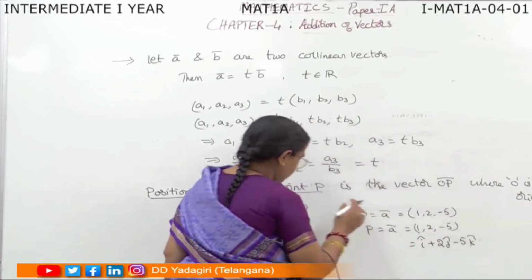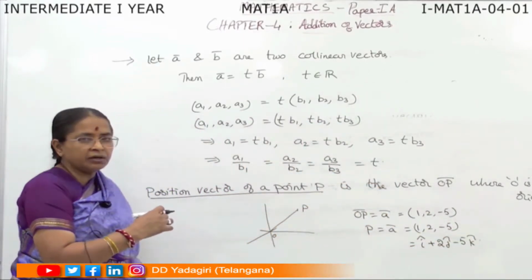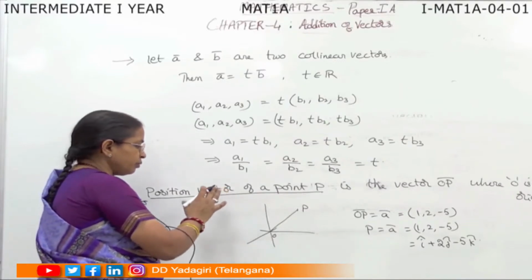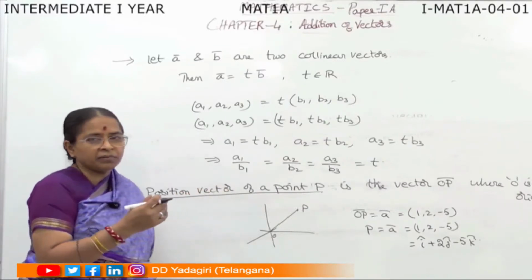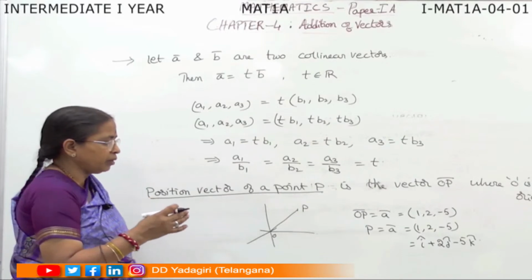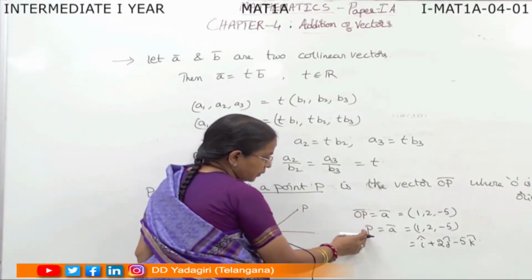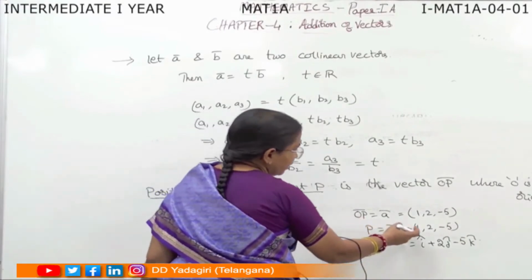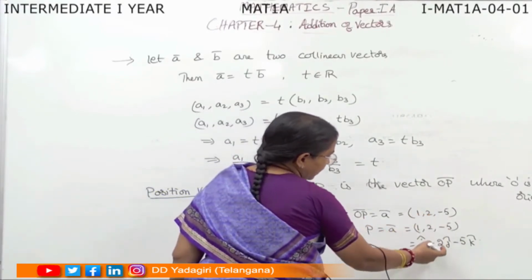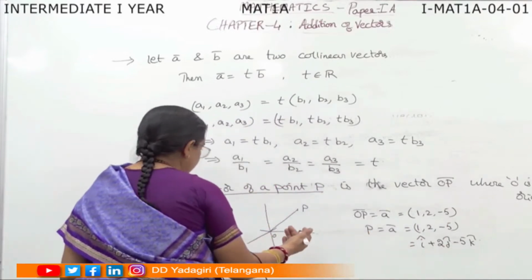So this notation is very important. You should understand it properly. Position vector of a point P means it is the vector OP. We also write OP or just P and then write the coordinates, or in terms of ijk.